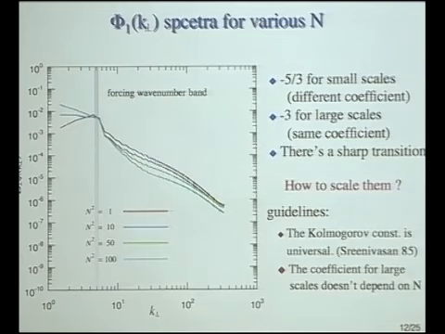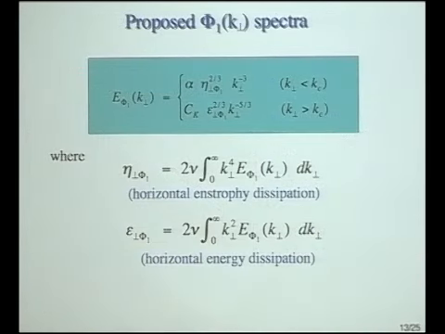Horizontal. 2D horizontal. Yes, okay, that makes sense. And stimulated by Peter Bartello's talk, I removed the guideline and show that even without the guideline, we see a sharp transition in these spectra.